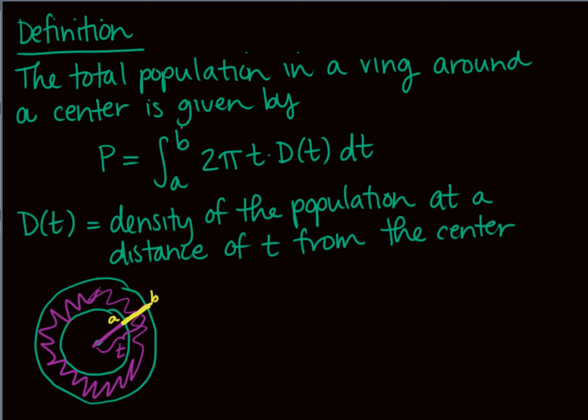That's so neat. And if you notice, the 2 pi t, if you remember, 2 pi r is the circumference of a circle. So basically what that t is doing is it's grabbing every person around the circumference of this circle, and then it's moving out a little ways and grabbing every person from this circle, and it's grabbing every single possible circle, which is a lot of different circles, between A and B. And then it's multiplying it by the number of people that there are as it sweeps across the circumference.